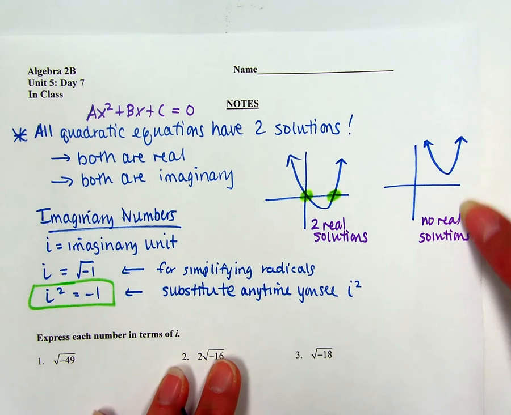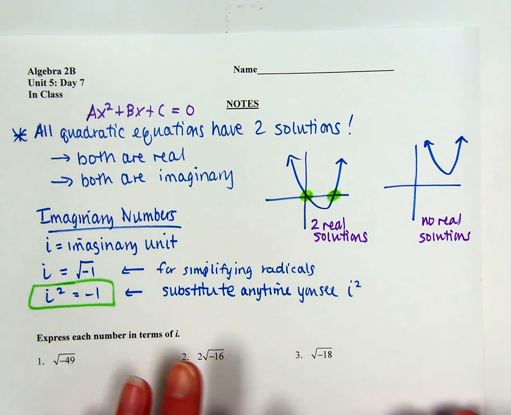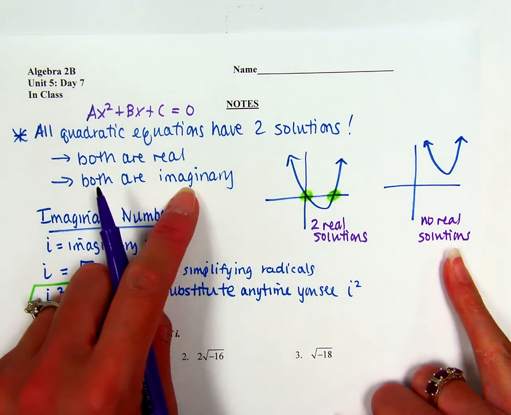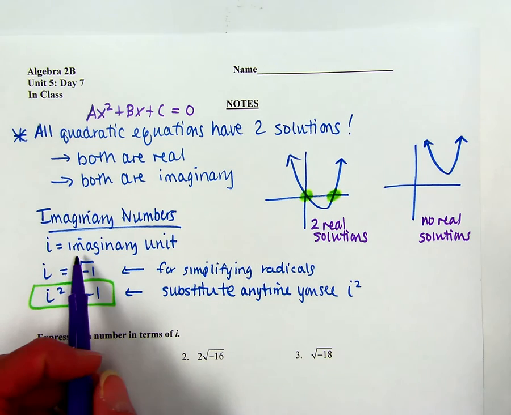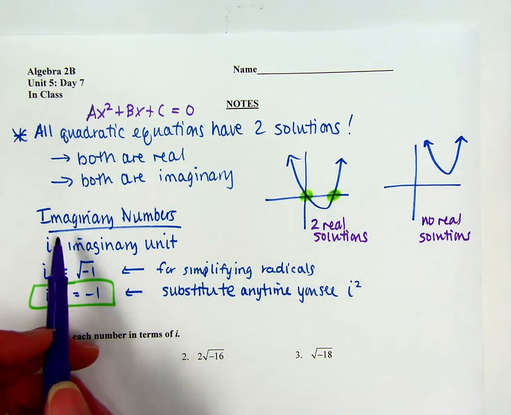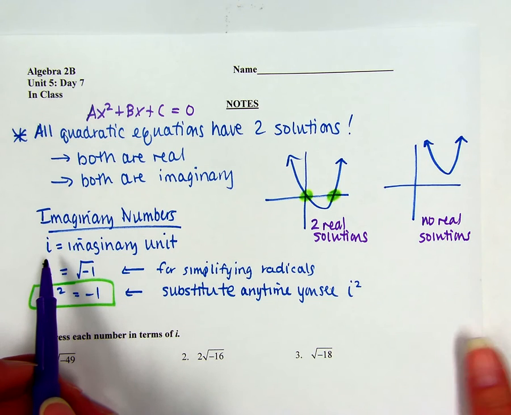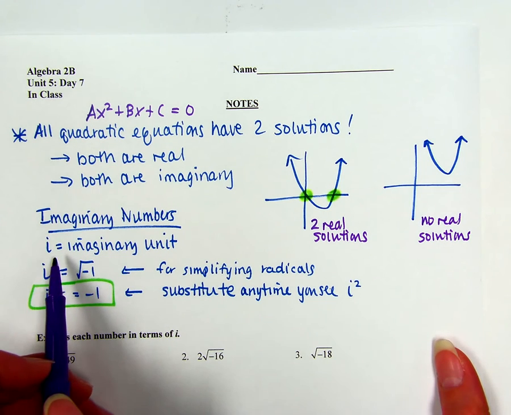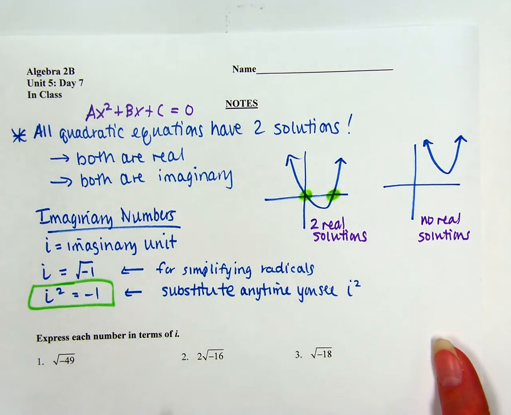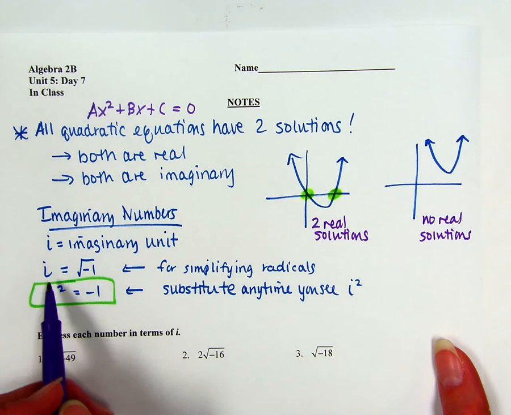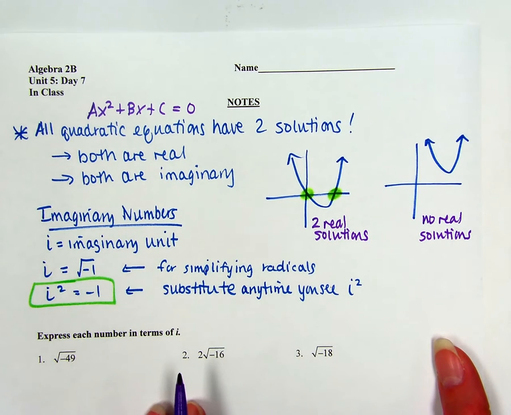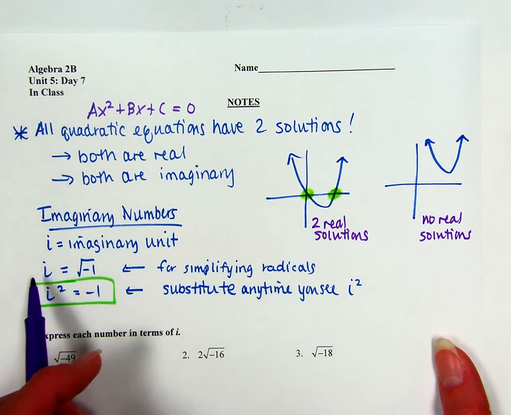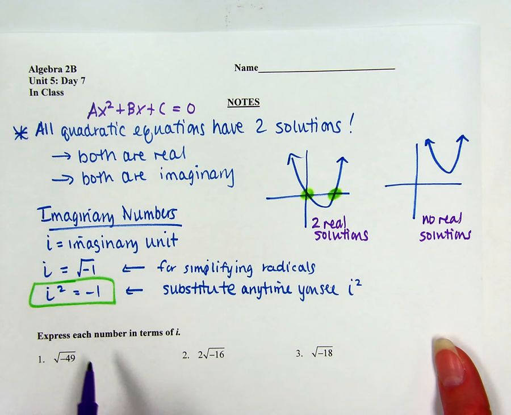And now we're going to assign values to those unreal solutions, and they're going to be called imaginary solutions. All right, so mathematicians didn't like the fact that you didn't have an answer, so they created a system that's based upon an imaginary unit, which is called i. It's easy to remember, i and imaginary. So the definition of i is that it's the square root of -1. They said let any square root of -1 be i, and using that we can simplify any numbers.